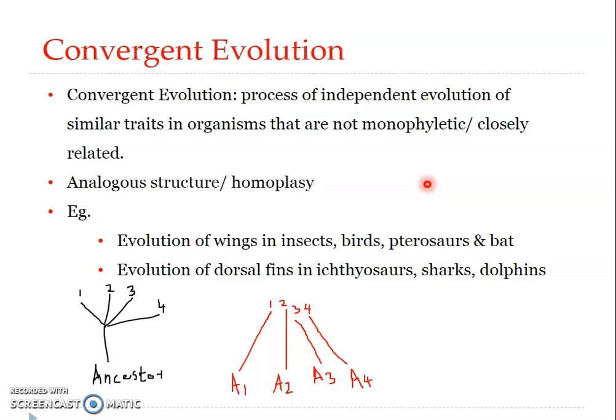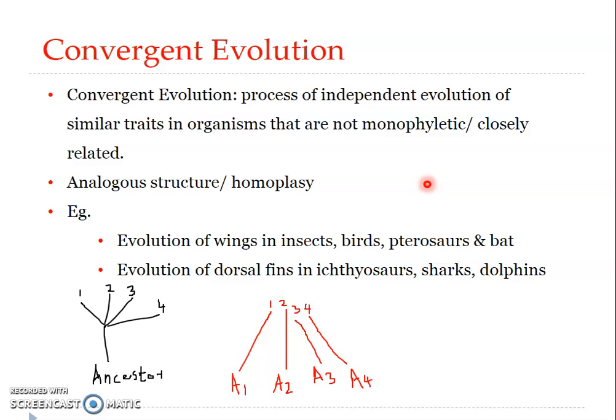Okay, so convergent evolution is actually the development of similar traits in a set of organisms, but these organisms are not closely related. So how have similar traits developed? The only reason is the similar kind of environment these groups of organisms are living in.